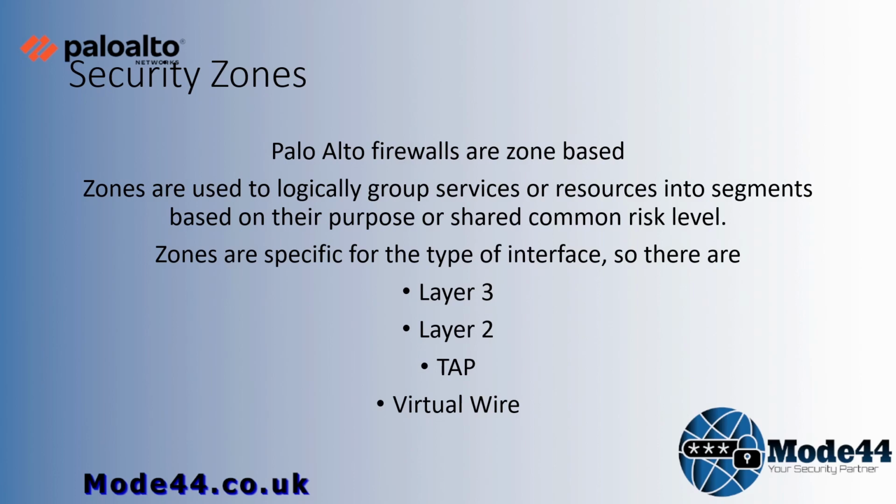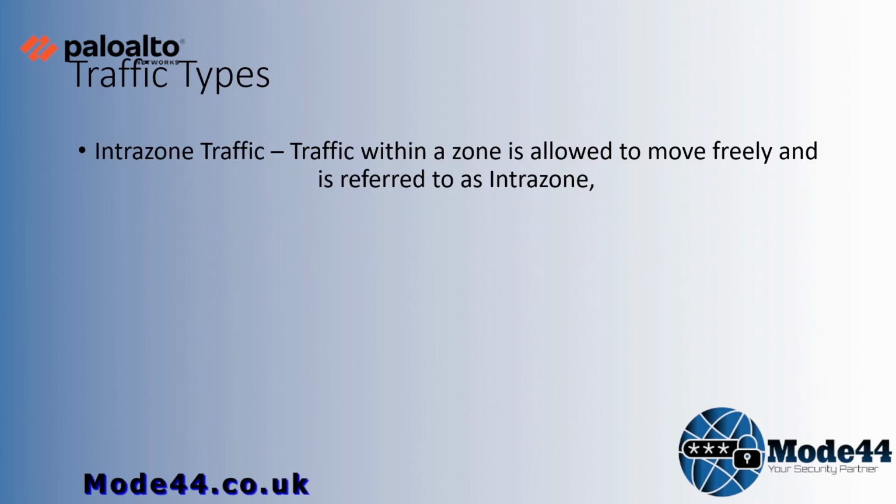Okay, so as I said, when we look at the caveats of traffic between zones or in zones, look at intrazone traffic. Intrazone traffic is, as the slide suggests, within a zone that is allowed to move freely. So all intrazone traffic is allowed by default unless blocked.